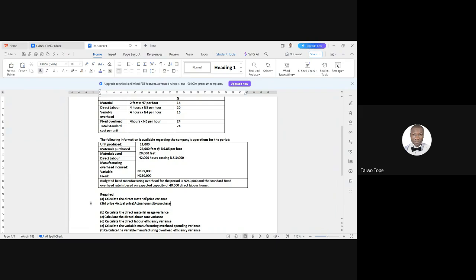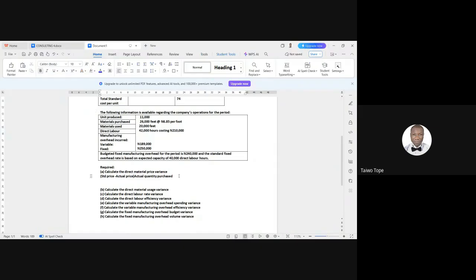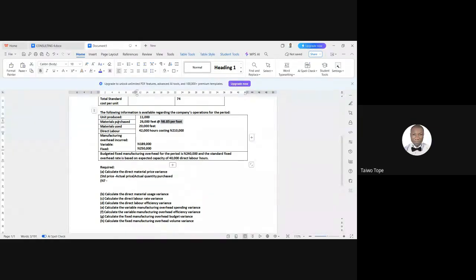From the question, your standard price is what? 7 naira. Your actual price is what? 6.85. How do we get that? See it here in the question: material purchased, you purchased 26,000 feet at 6 naira 85 kobo.